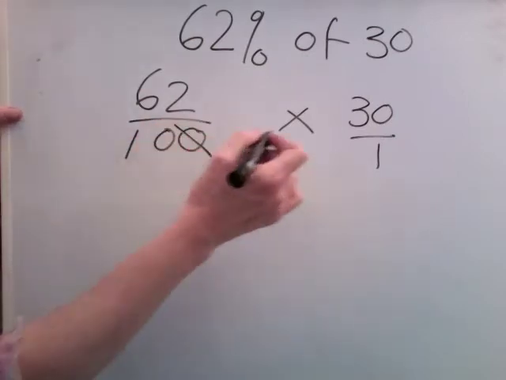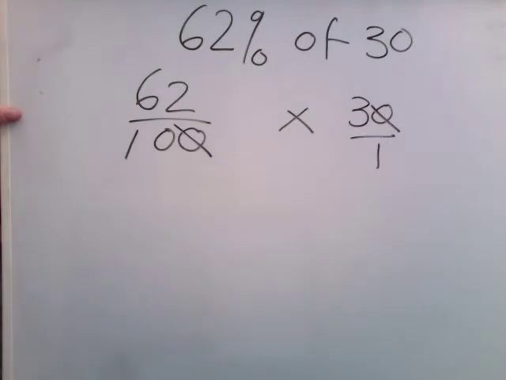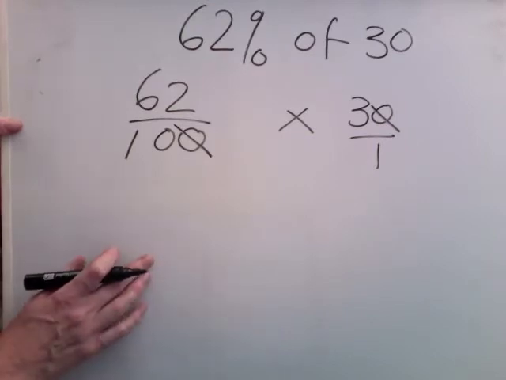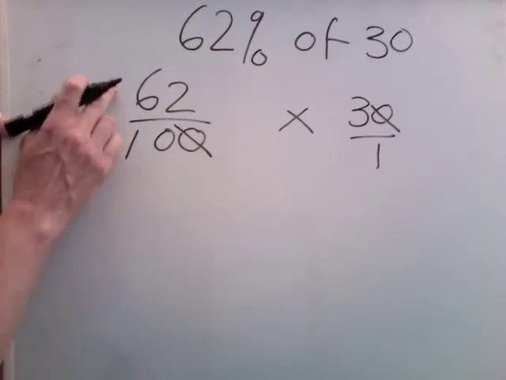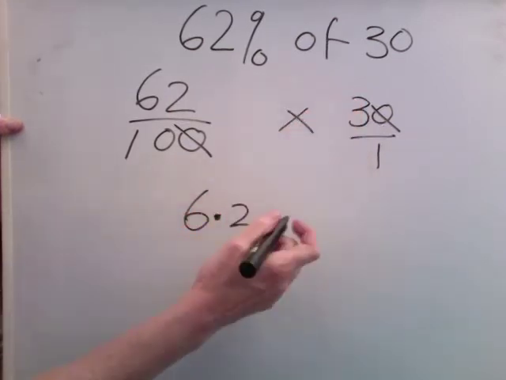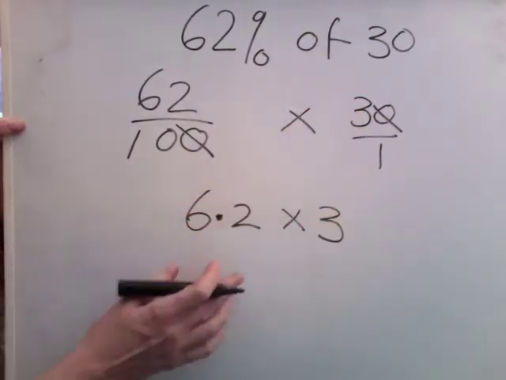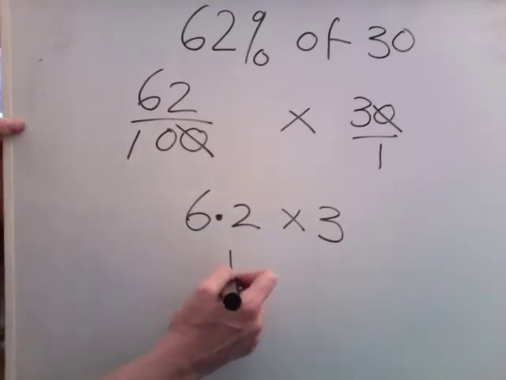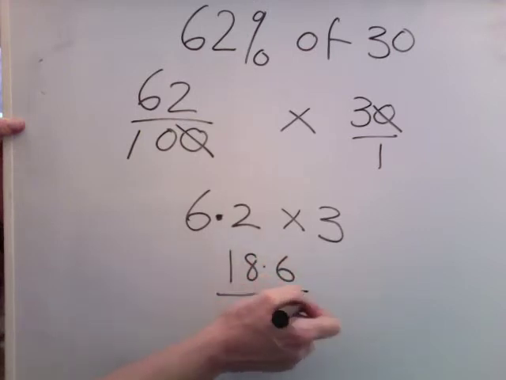Straight away, I can cross cancel and divide them both by 10. What I'm going to do here to give myself a decimal answer is divide this by 10, simplifying that fraction to 6.2, and then I just have to times it by 3, because that's quite an easy number to deal with. So 3 times 6.2 is 18.6.